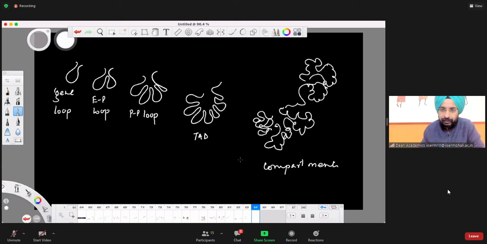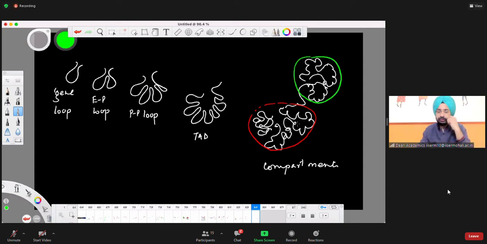And finally, let me tell you what a compartment is. This is one phase separated complex of active chromatin or repressed chromatin, and this is another one of active chromatin. Phase separation is involved in this process to make these compartments. Generally, these are called A compartments.